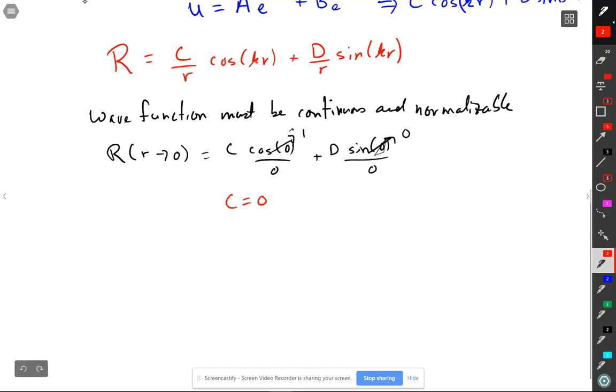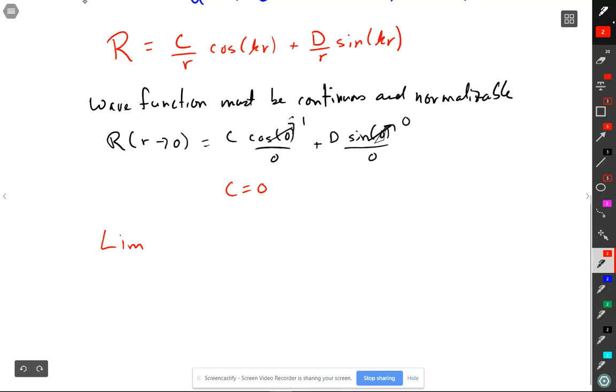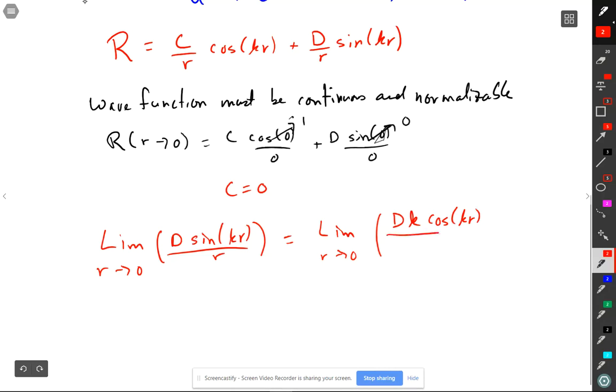Now we look at the other one. If that one's also the same problem, we're in trouble. So what is sine of 0 over 0? Yeah, it's indeterminate. You have to use L'Hopital's rule. So the limit as r approaches 0 of d sine of kr over r is equal to the limit as r approaches 0 of the derivative of the top, which is dk cosine of kr, over the derivative of the bottom, which is just 1.